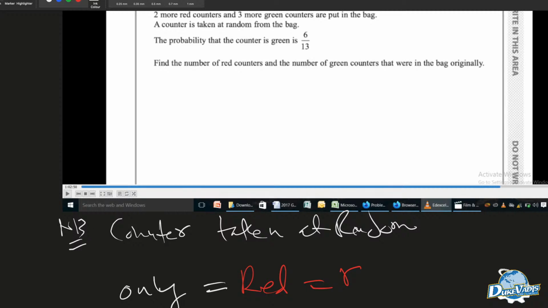So I want to use my colors to symbolize what I'm doing. So we let this one be our red, and green counters. So this will be my green.